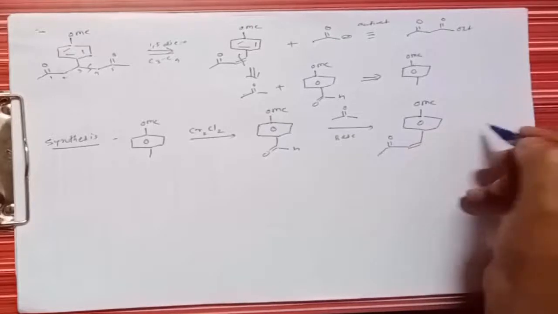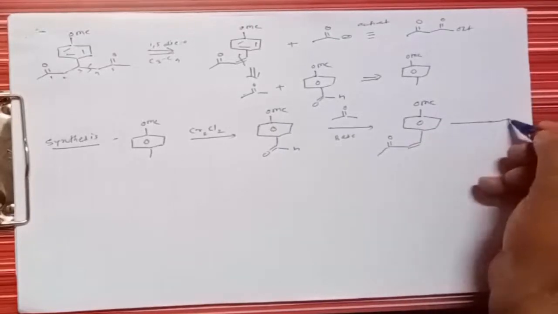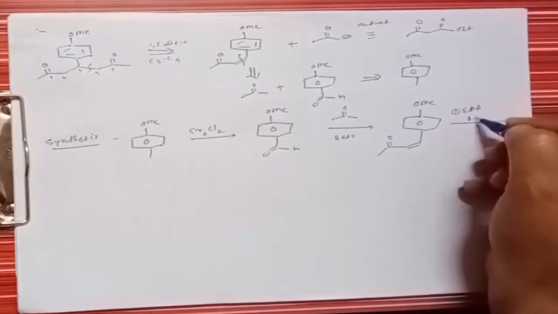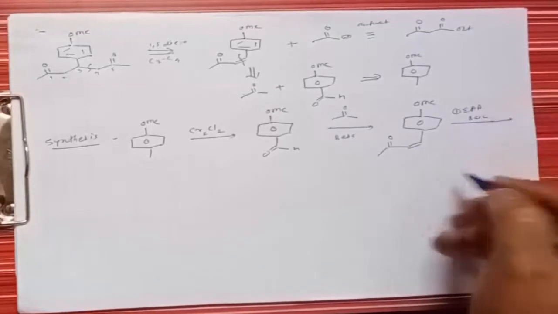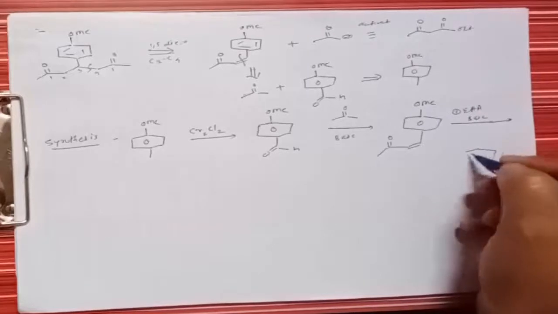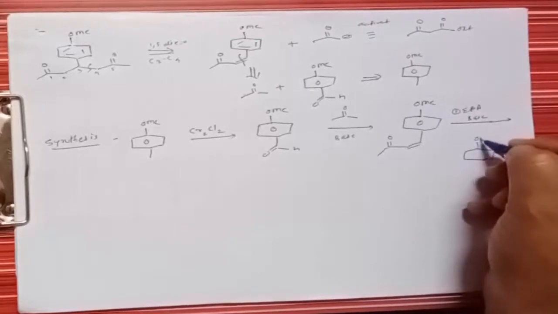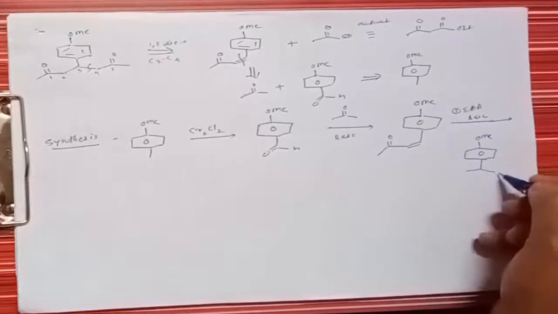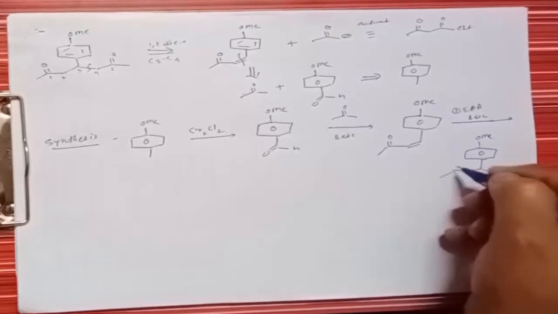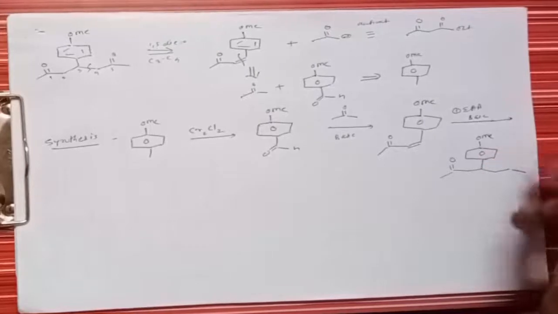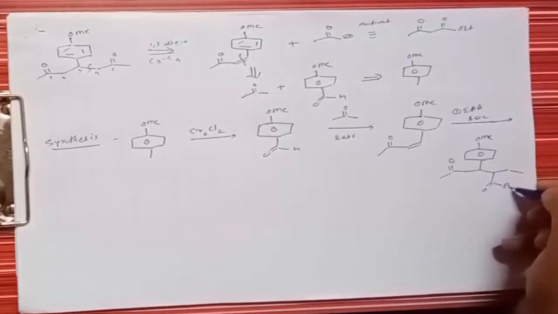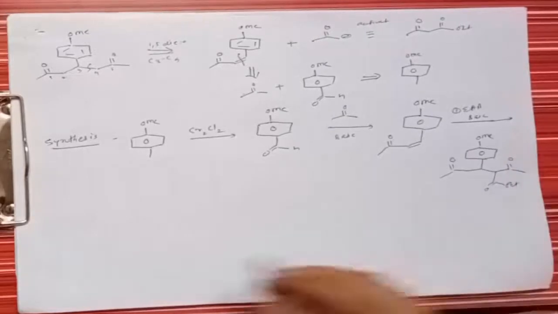So this olefin, now you can treat with ethyl acetoacetate in the presence of a base, right? So it gives formation of this compound, with OMe, here is OEt, and here is a carbonyl compound, right?